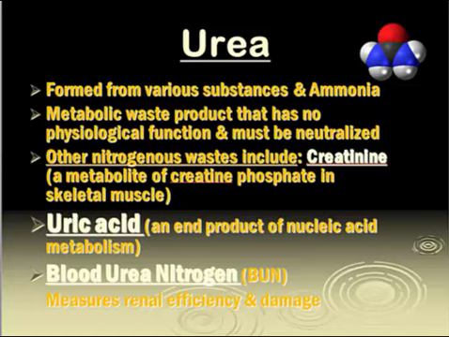Creatinine is a metabolite of creatine phosphate, which is from skeletal muscle. Uric acid is a byproduct of nucleic acid metabolism, meaning DNA and RNA. BUN, or blood urea nitrogen studies, is used to measure damage and efficiency.